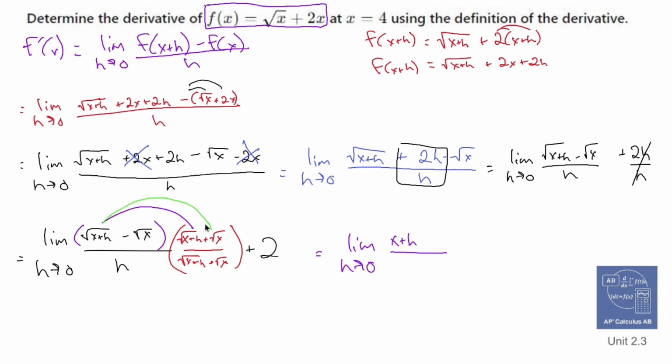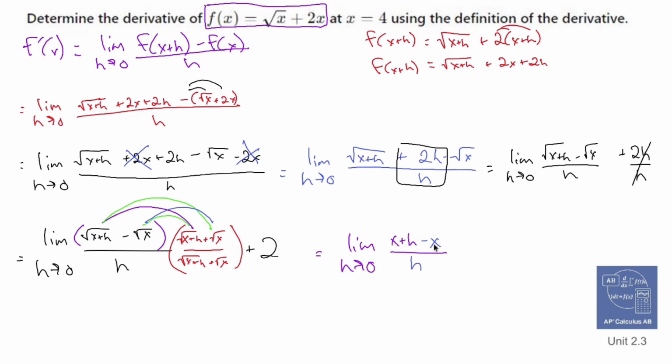This times that minus that times this means you're multiplying the same exact things together, and then they're going to disappear. That's the point of this. The middle guys are going to disappear. So if you're FOILing this out, the O and the I go away. They cancel each other out. And then you have minus root x times positive root x, which is just minus x, all over h.